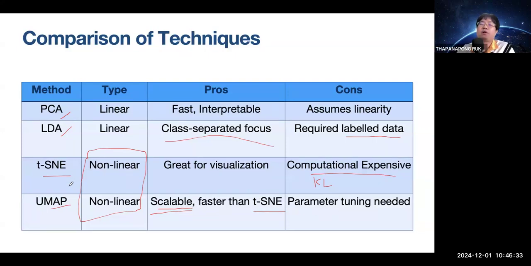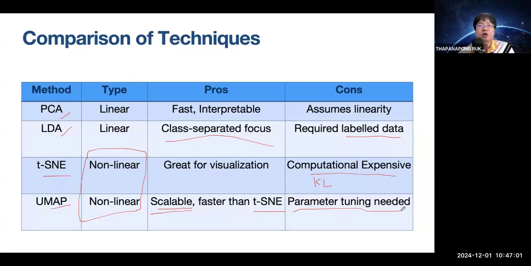But for t-SNE, you only have one parameter, right? Which is the bandwidth for the Gaussian kernel. That is the only parameter. But for UMAP, you have k, right? How many neighbors do you need?